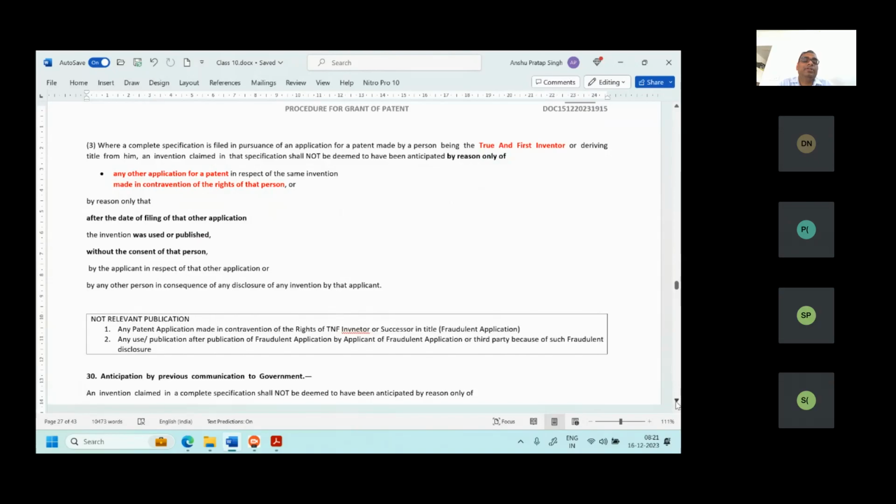Someone has made a fraudulent application because he didn't have a right and yet filed it. Because of this fraudulent application, any use or publication that has been done will not be relevant while checking the novelty.